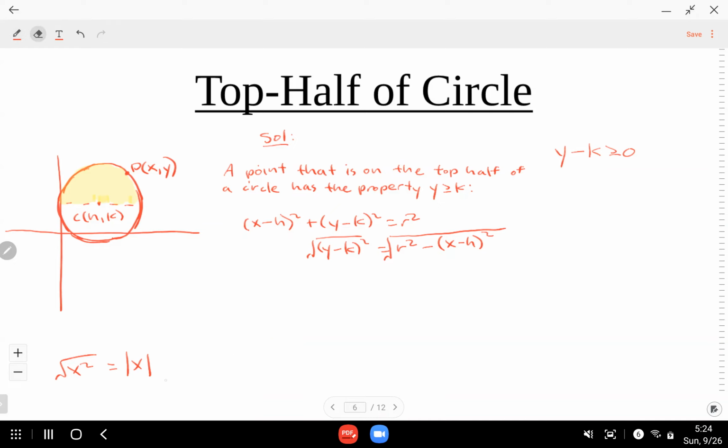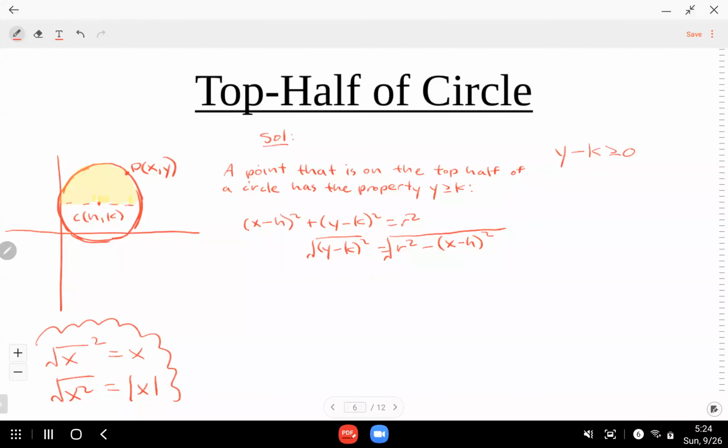And this can be very helpful in a lot of ways. Now don't be confused with this. The square of the square root of x is just x. But the square root of x squared is the absolute value of x. This is very important.